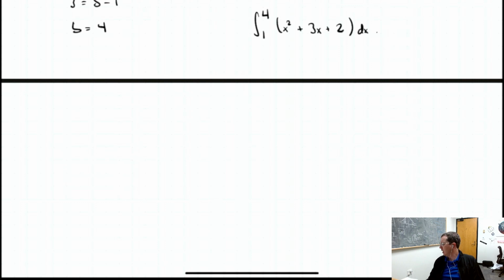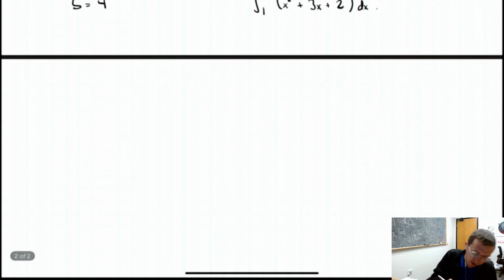I'm doing problems that I haven't worked out beforehand, not because I was too lazy to prepare, but because I think it's actually maybe more beneficial for you to watch when I'm doing a problem that I haven't worked out before, because then you can see my actual thought process as I am solving these problems for the first time.